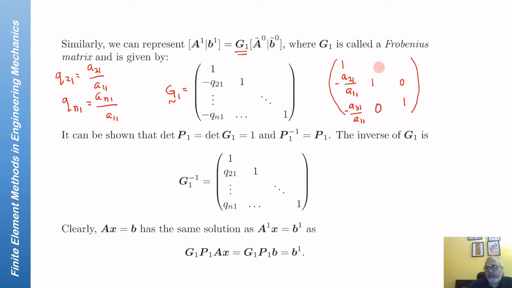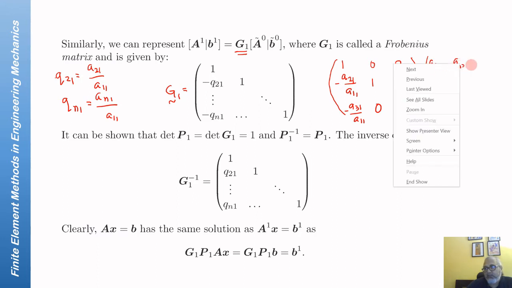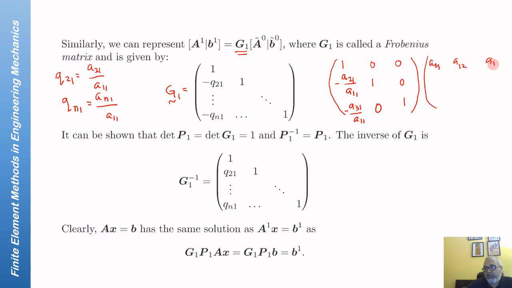This is 0 0 0 0, and this multiplies a11 a12 a13 a21 a22 a23 a31 a32 a33. So this is what it multiplies. So the first multiplication will give you a11. So multiply this with this, then a12, then a13.